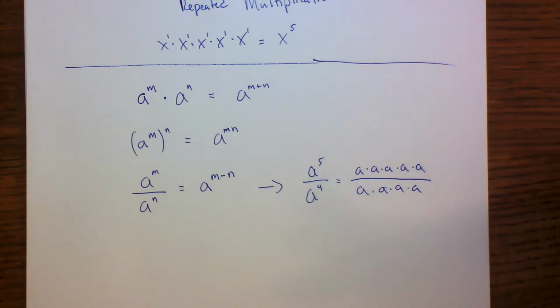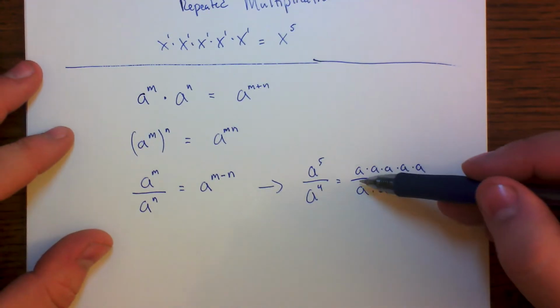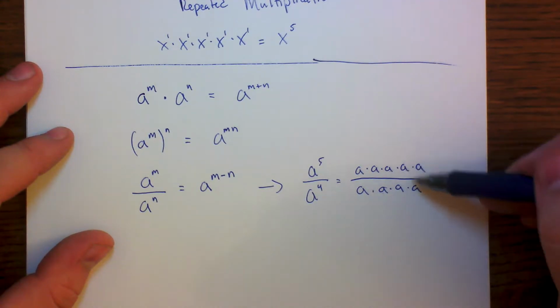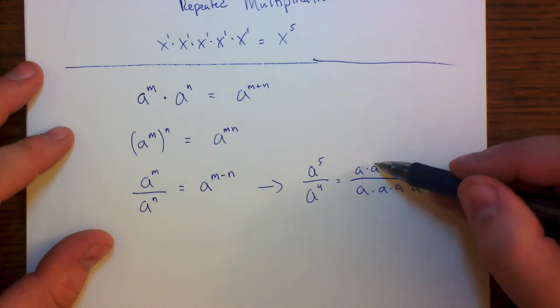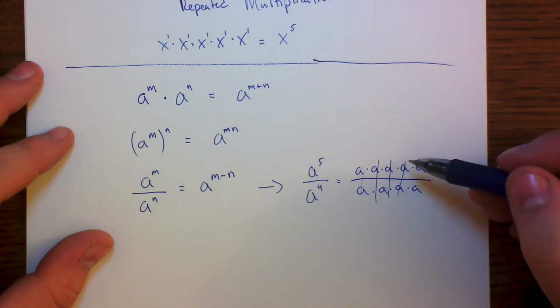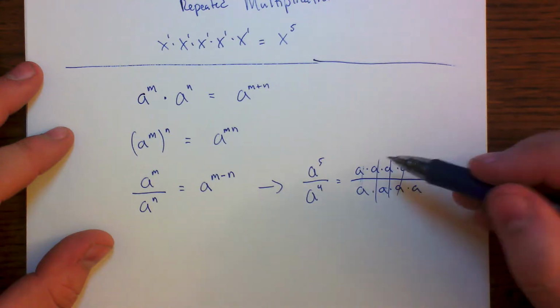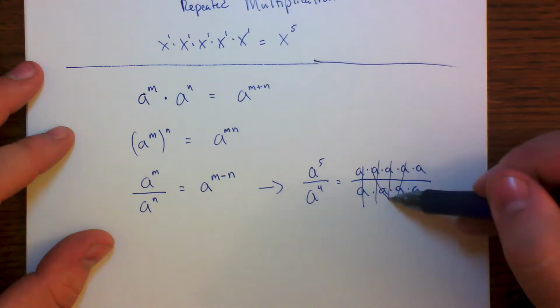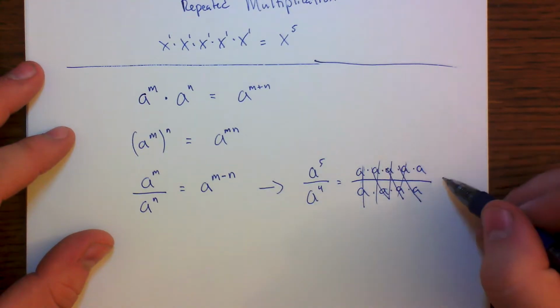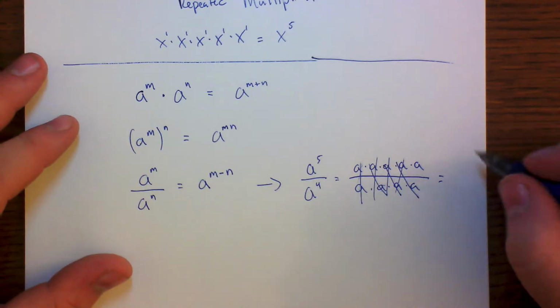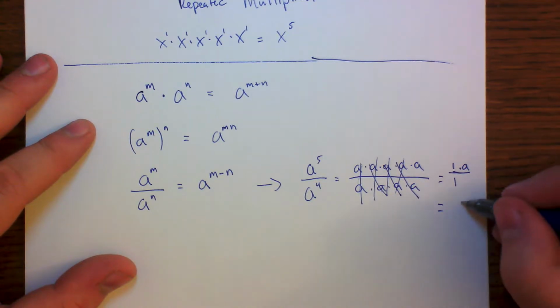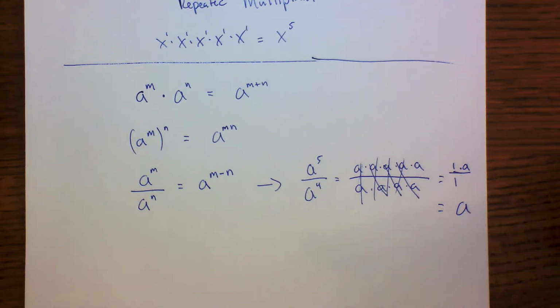Now there's a couple ways to look at this. You can notice that a divided by a is 1, and a divided by a is 1, and a divided by a is 1, and a divided by a is 1. So those just cross each other out, and what you're left with is 1 over 1 times that last a, so that equals a. There's really just one a left.